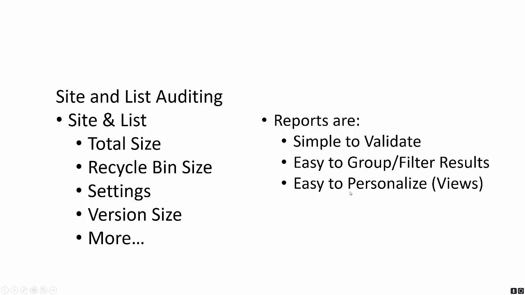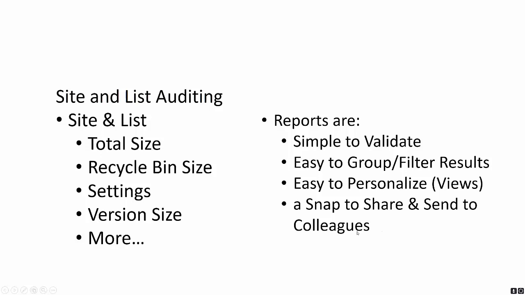You can save the views after you group, filter, and sort. So for example, finding all the document libraries with versioning not turned on, you could create a view for that and save that, and always have that to review per site or for groups of sites. Okay, and then again, it's very easy to just click export or to have it sent to SharePoint.